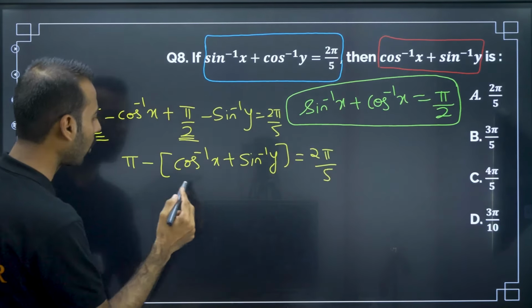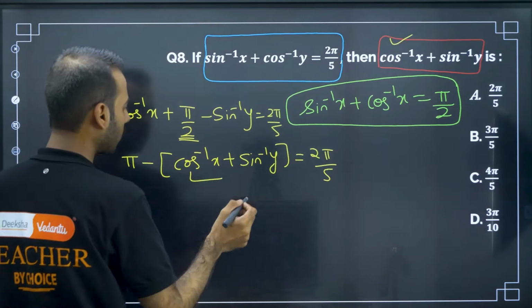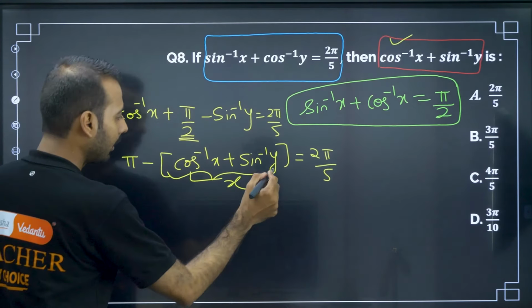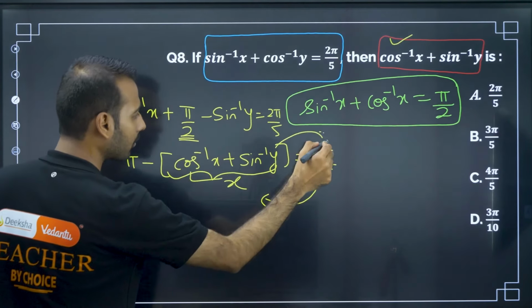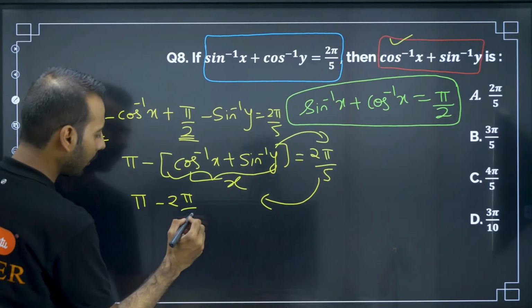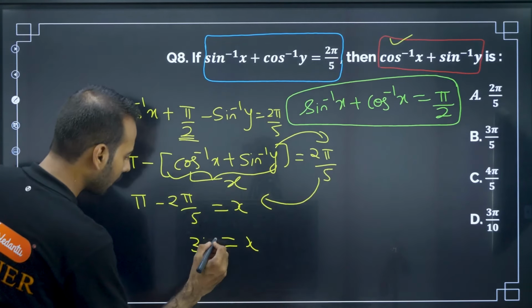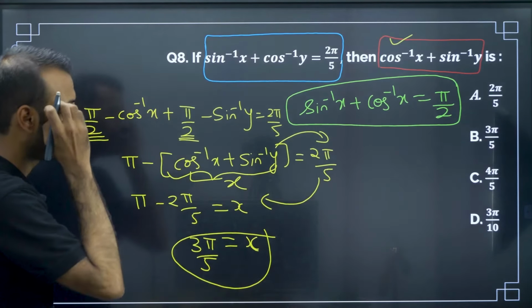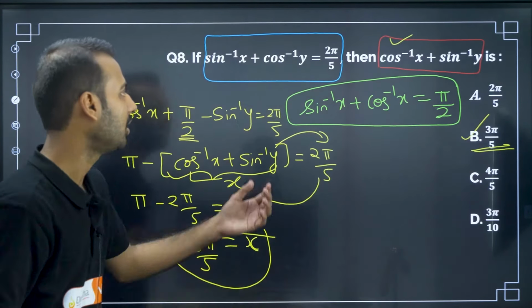Now see the question: cos inverse x plus sin inverse y, this one. If I name this as x, and transpose, pi minus 2 pi by 5 is equal to x. So x is equal to 3 pi by 5. Is there any such option, 3 pi by 5? Yes, B is the answer. So again, an easy question only.